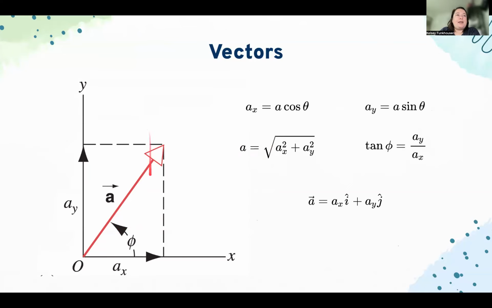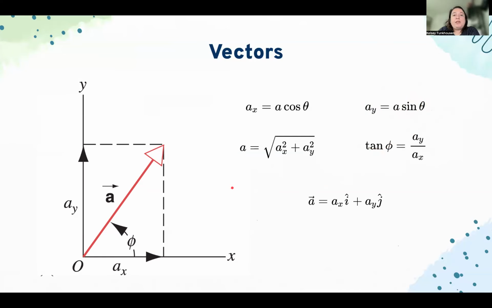Then the y component is opposite of the angle, so it's listed on the y-axis here, but you can also think of it here if you want to make the triangle, and that would make it opposite of the angle, so that would be sine. So A sub y, or the y component of the A vector, is A times sine of phi. Remember, that's phi.